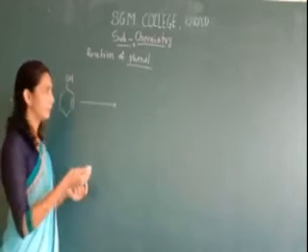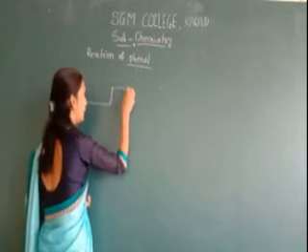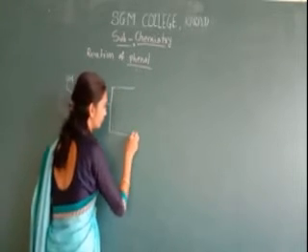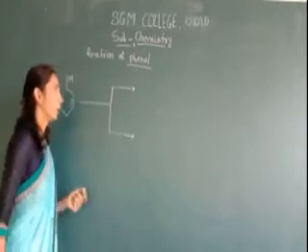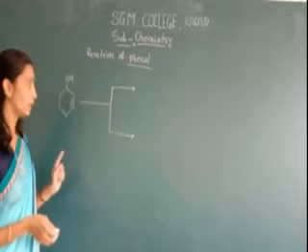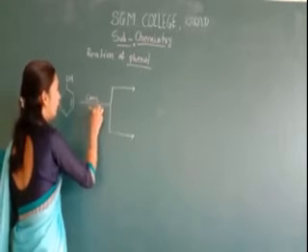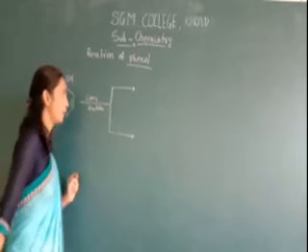Instead of writing this reaction 2 times, we write it in one way. See here what happened. There are 2 products. If temperature increases, what happens? Here we are taking concentrated H2SO4, our sulfuric acid.